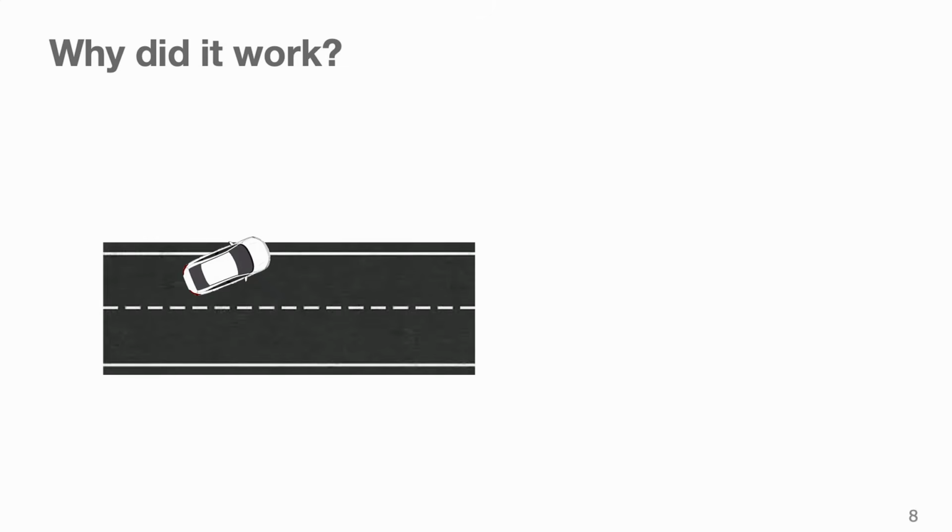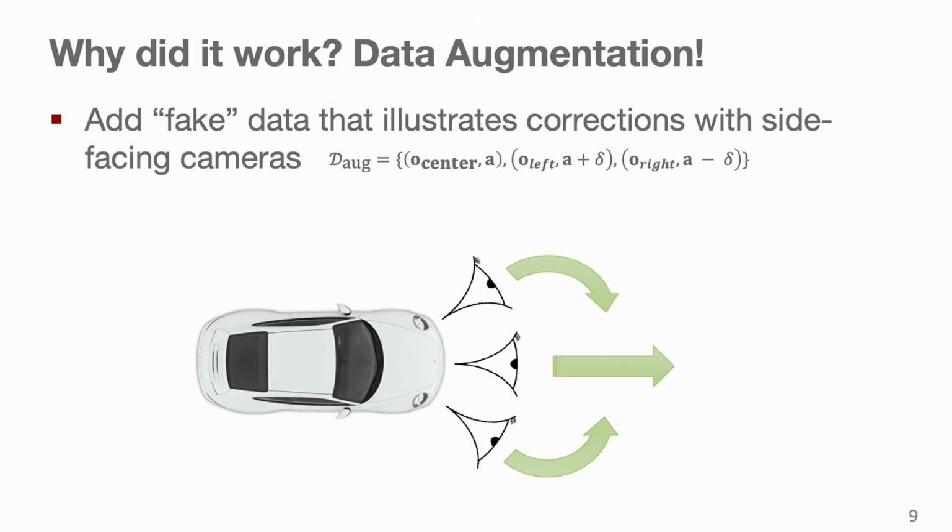So when the policy sees this, it's like, oh, wow, this is completely new to me. I have no clue what to do here. And also collecting data from a human driver for such a dangerous situation is difficult, right? You don't want to crash your car into the side to learn what to do in such a situation. So that's exactly the problem, right? This is a very difficult state to have in your training data and difficult to recover from.